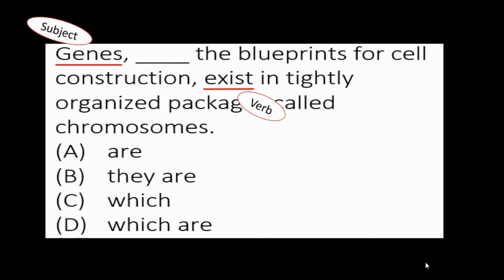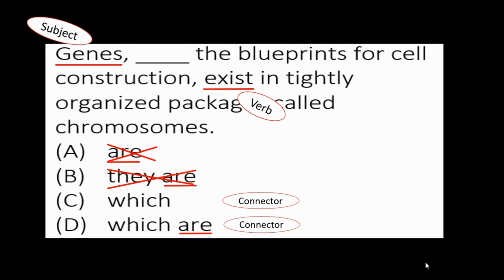Some of them contain the verb are, indicating that the complete sentence must have two verbs. It means that they need a connector. We find connectors in C and D. In this case, the connector which must be followed by a verb. Therefore, answer C is incorrect. The best answer is D.